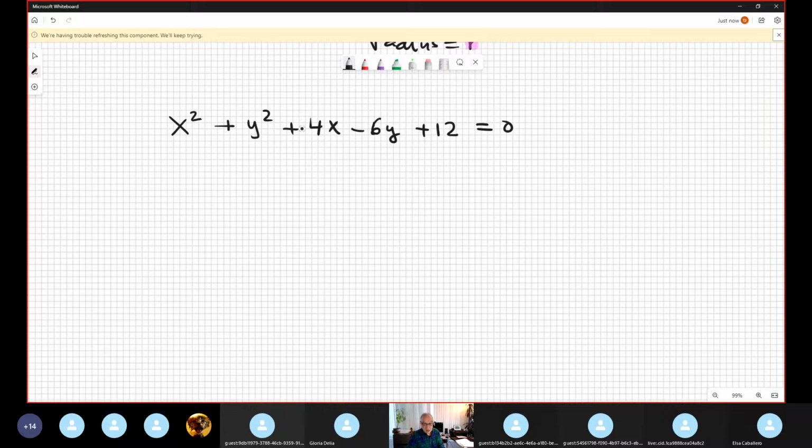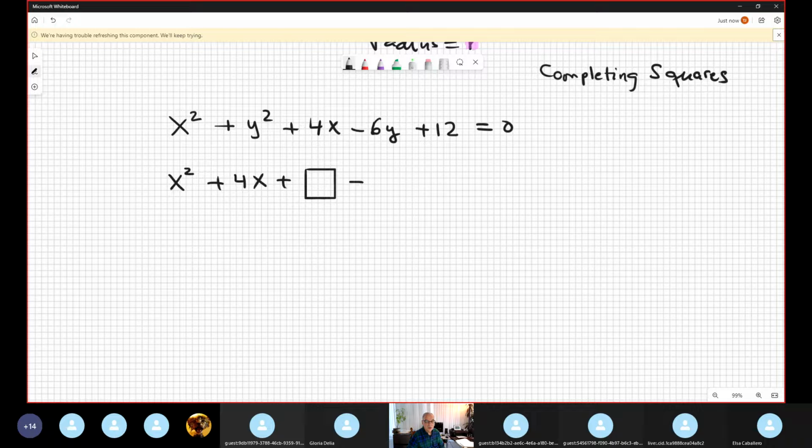To organize this in standard form, we apply one thing that you know very well because you used it in test number 1: completing the square. But the new thing is that you complete the square in both x and y. The organization is: you copy x squared, you copy the same variable linear term, and you put a box for a magic number to complete the square.